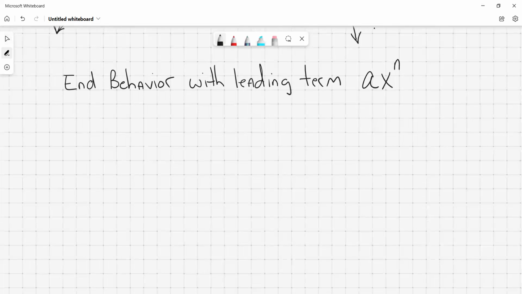And here's how this works. When a is positive and n is even, we've got up and up.